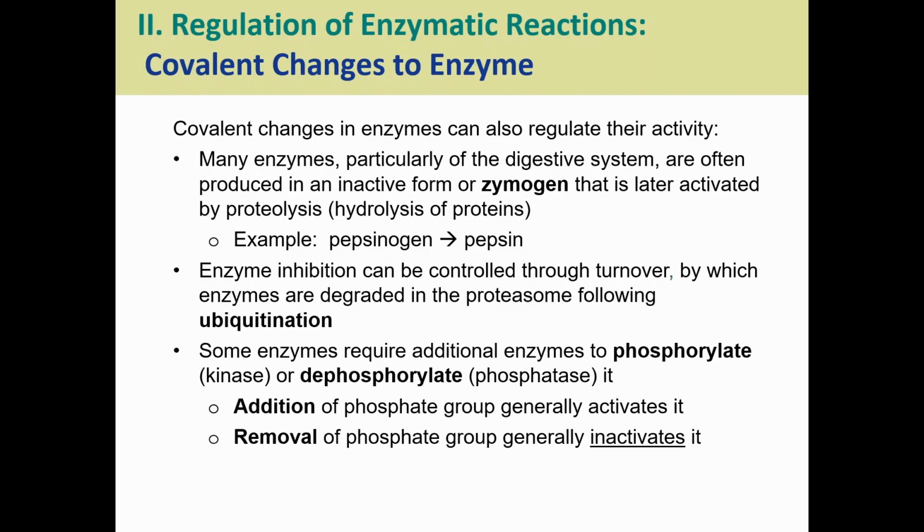Covalent changes to enzymes also can regulate their activity. So when we look at the stomach, right? We look at some of the enzymes in the digestive system. We look at some of the enzymes just all throughout. They usually have an inactive form and then get activated. So for example, the pepsin we talked about earlier, that's actually the active form.